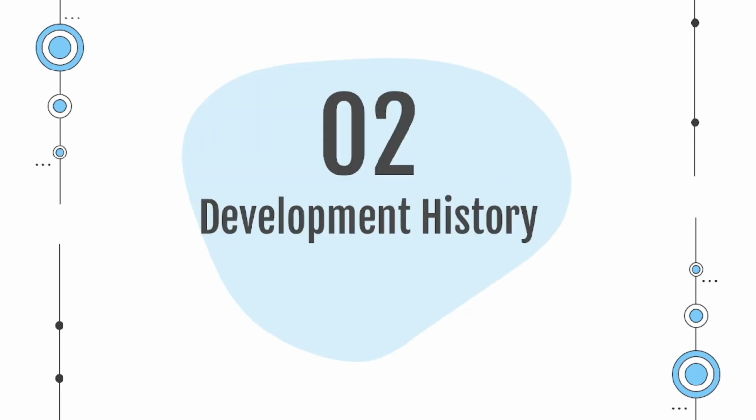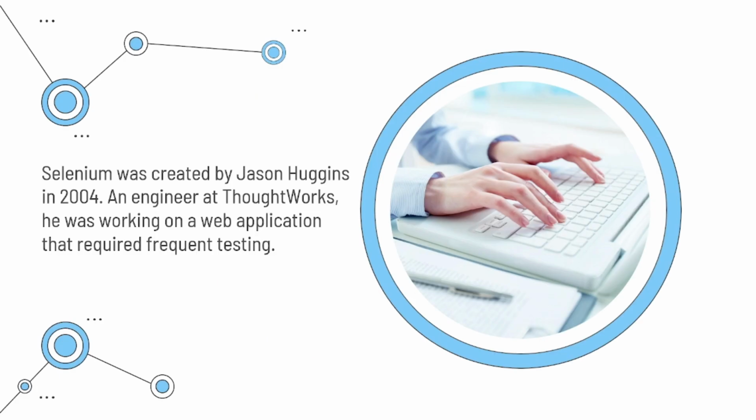So now about our development history. First, Selenium was created by Jason Huggins in 2004, an engineer at ThoughtWorks. He was working on a web application that required frequent testing.